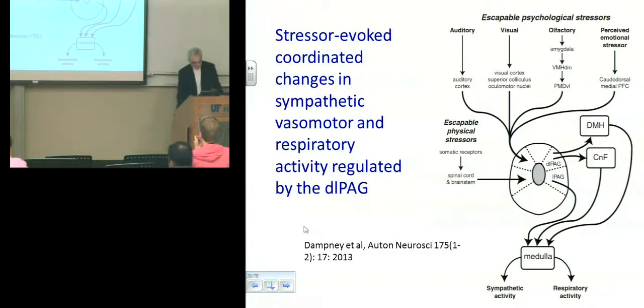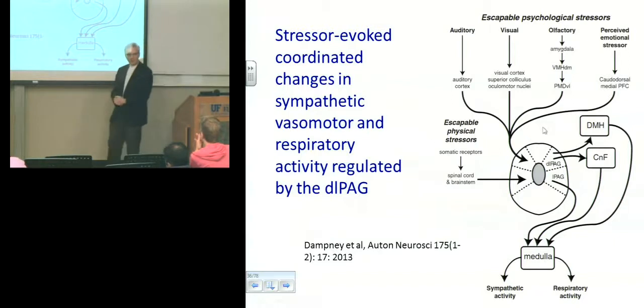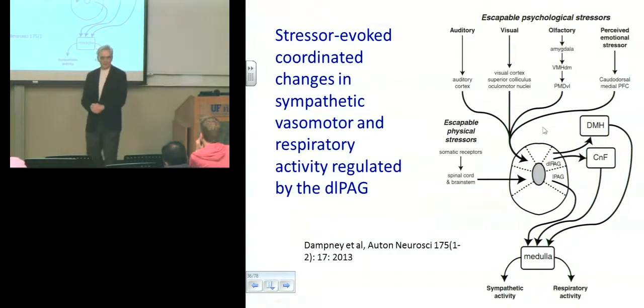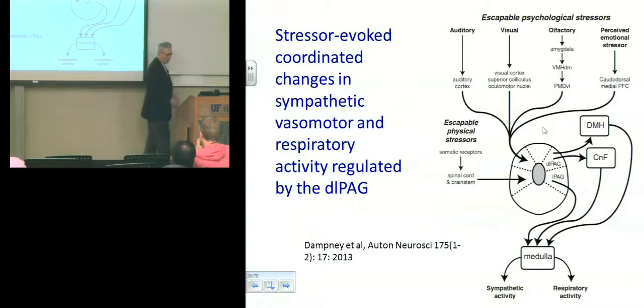And of these places that get activated, ones that come up over and over again are the periaqueductal gray and the dorsomedial hypothalamus in particular. Those have been mapped out as responding to a wide variety of different psychological stressors, which are then routed by a number of different pathways, outlined here, down to the periaqueductal gray.